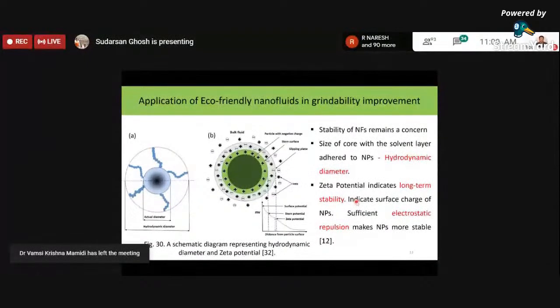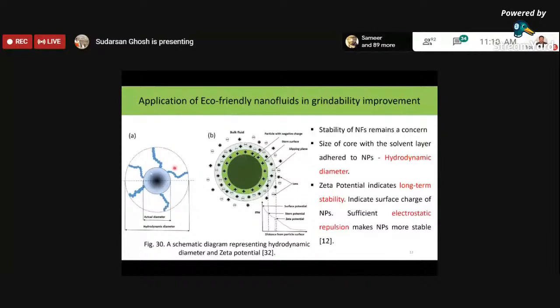So one important characterization of these nanofluids is that we can measure its potential, which is called the zeta potential. As you can see, this image clearly shows it.